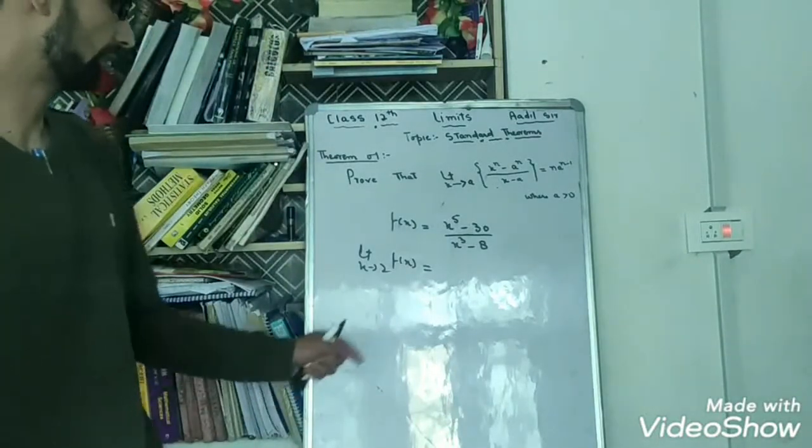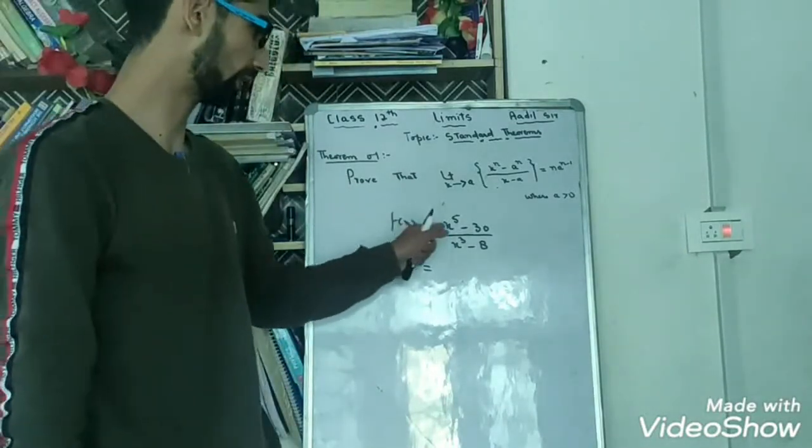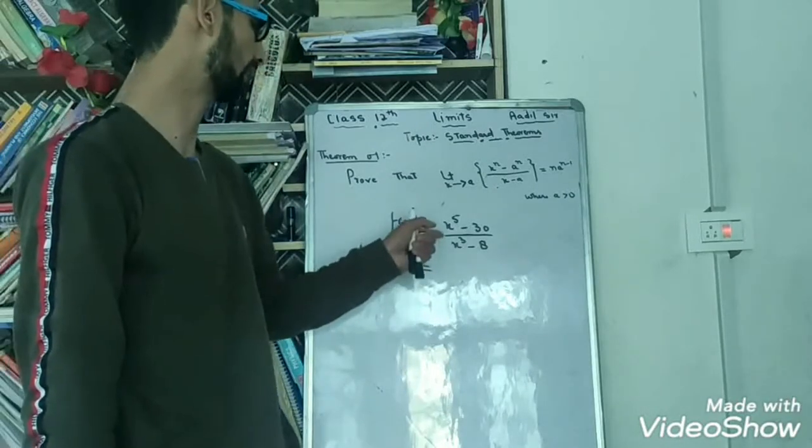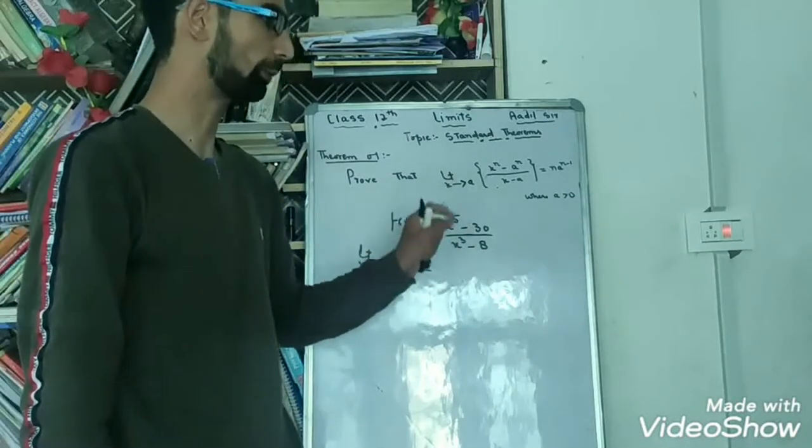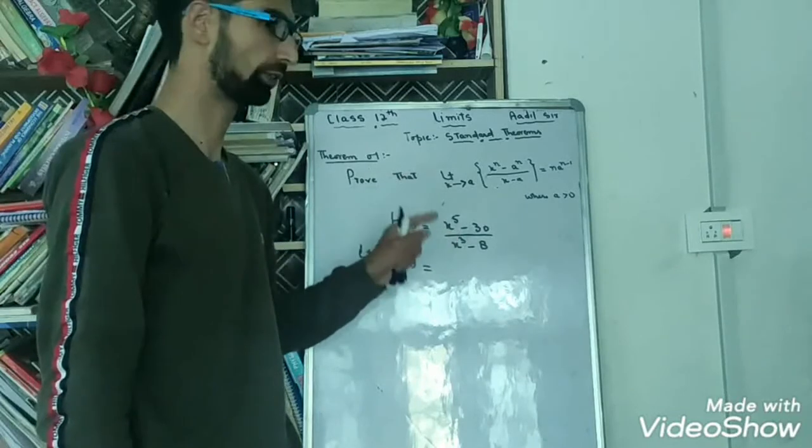The first method is the direct method, but that is not possible here. After that we have the factorization method. We can factorize these two, that is possible, but it seems difficult.